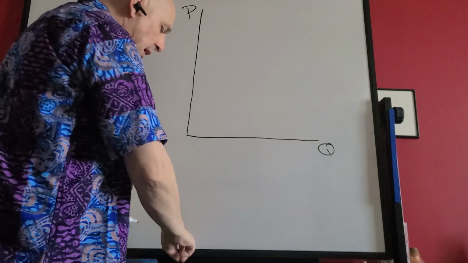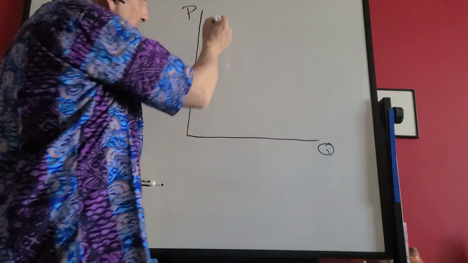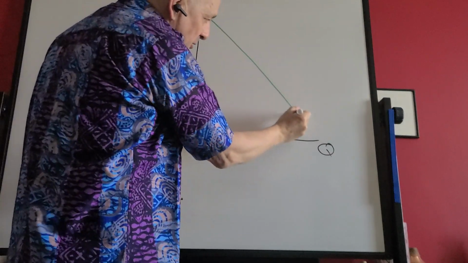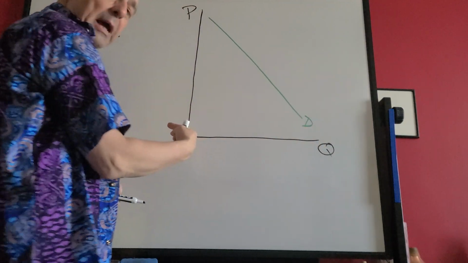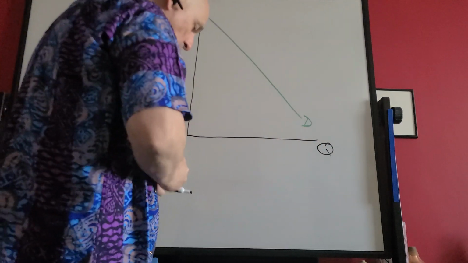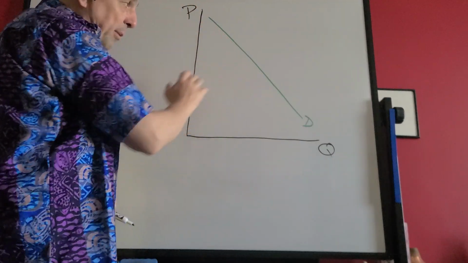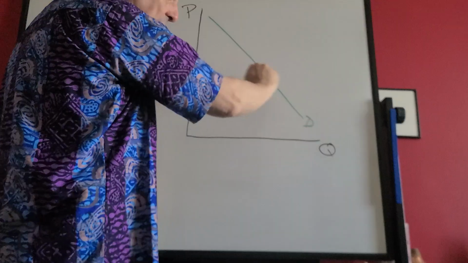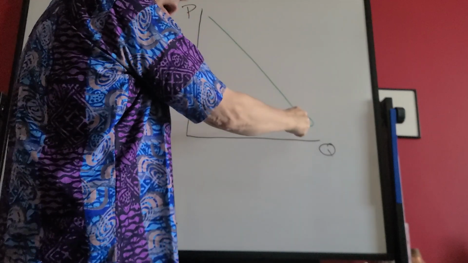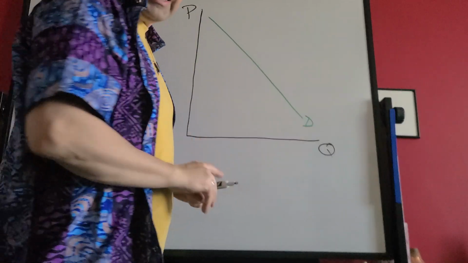We said that the demand curve will be downward sloping because as the price goes up, the quantity demanded is going to go down. So we set up this relationship where when the price goes up, the quantity goes down. When the price goes down, the quantity goes up, as illustrated by this line.